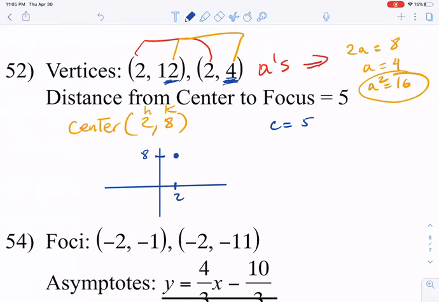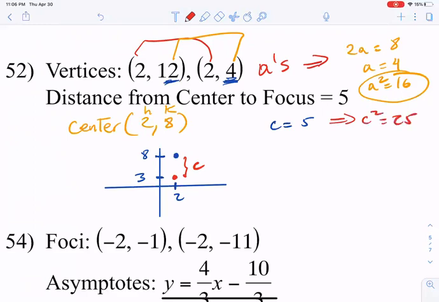And they're saying the distance from the center to the focus is 5 units. So I'm going to end up at 3, right? But anyway, this is the location of my focus, so I don't need to worry about that. I just need the distance from here to here, and this is C. So that's 5. That implies that C squared is 25.